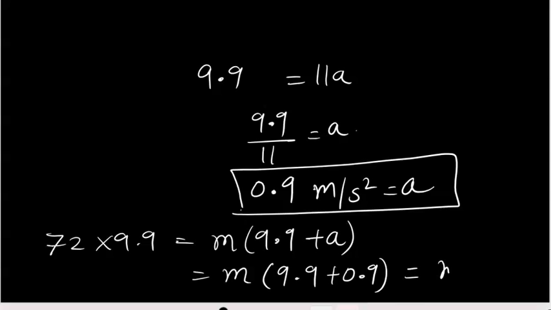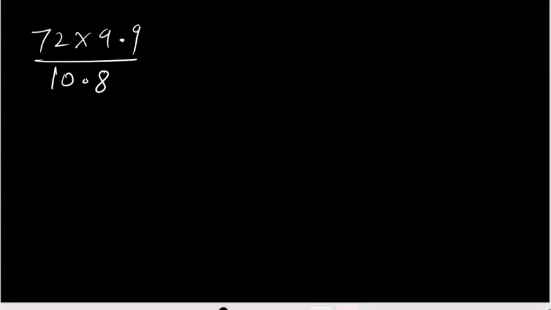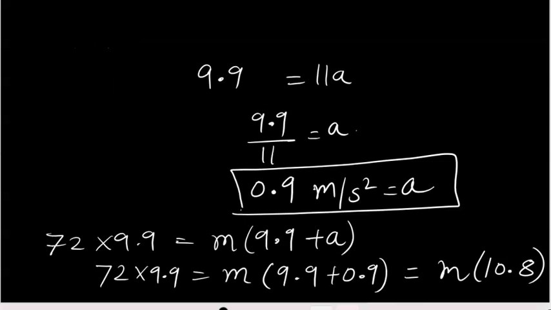This is equal to m times 10.8. So 72 into 9.9 divided by 10.8 is equal to m.